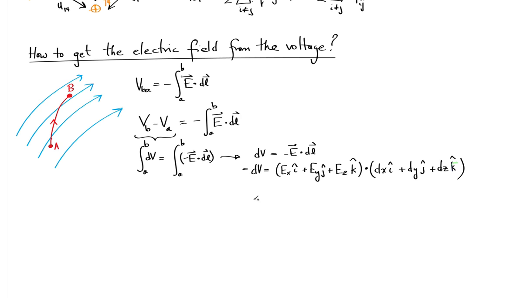All right. So then what I'm going to do is multiply this dot product out, right? You remember how to do that. We just take the i hat components and multiply them together, the j hat, and the k hat. So basically, this will be equal to Ex dx plus Ey dy plus Ez dz.